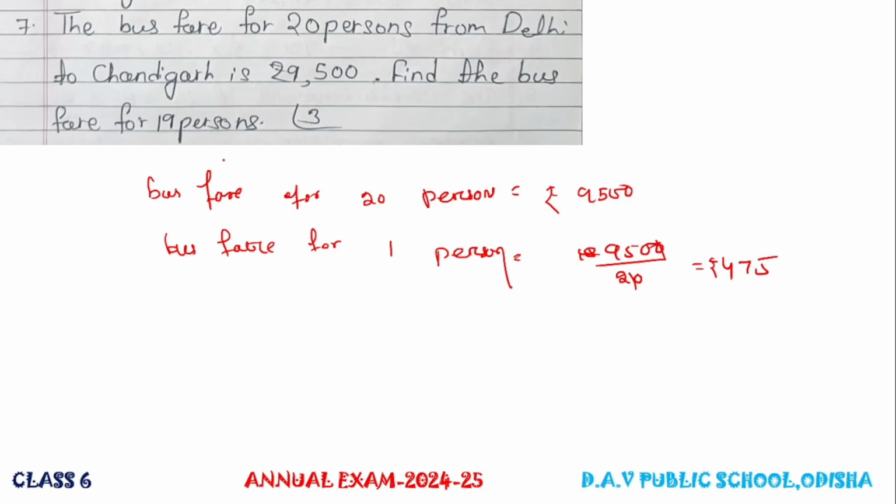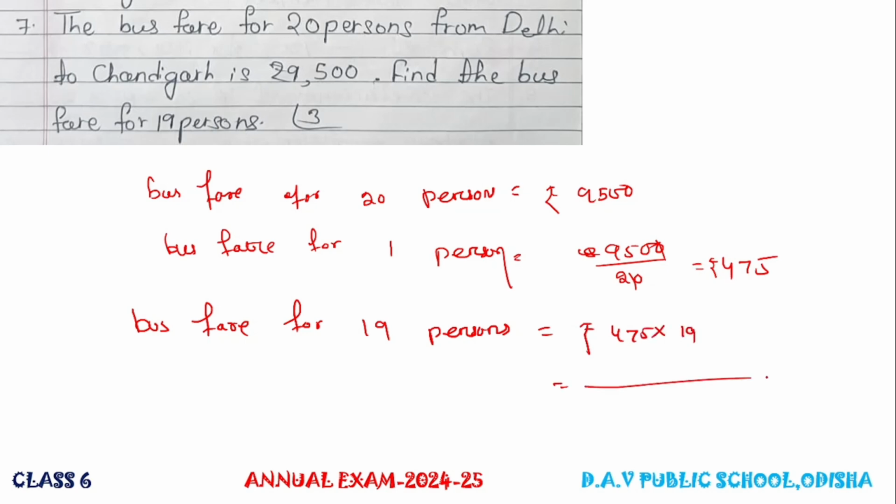Now find the bus fare of 19 persons. So bus fare for 19 persons equals rupees 475 into 19. So multiply, then you can get the answer. Next question.